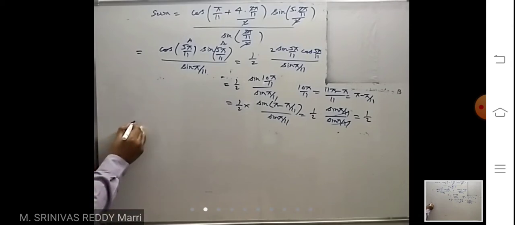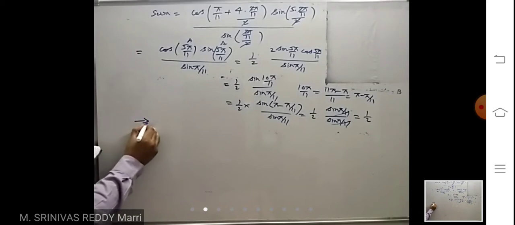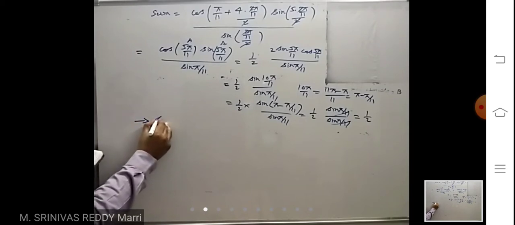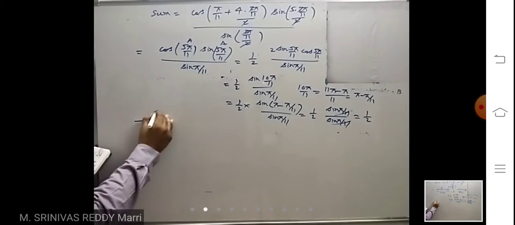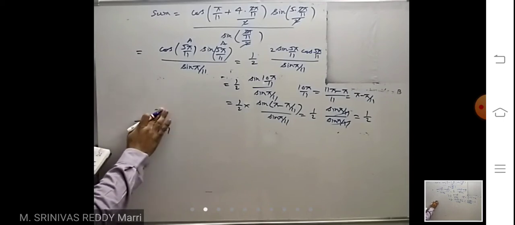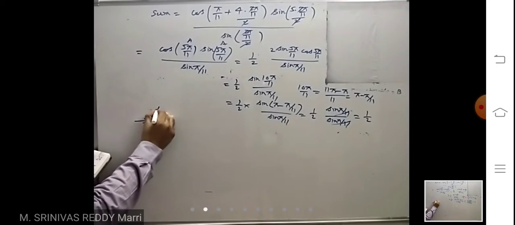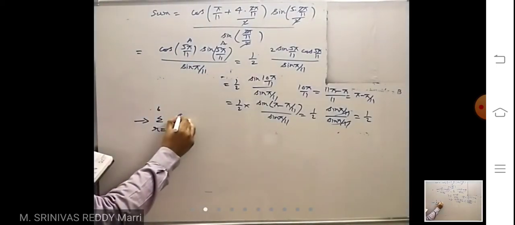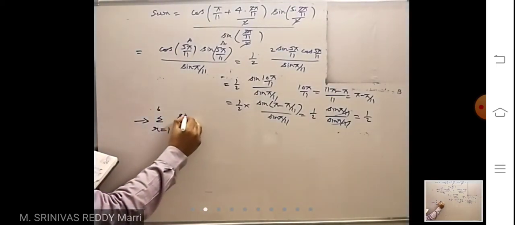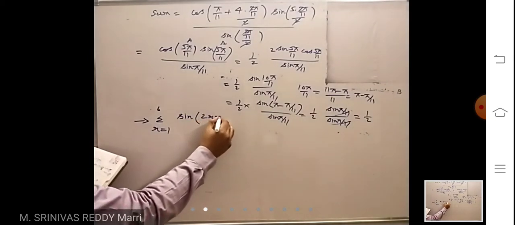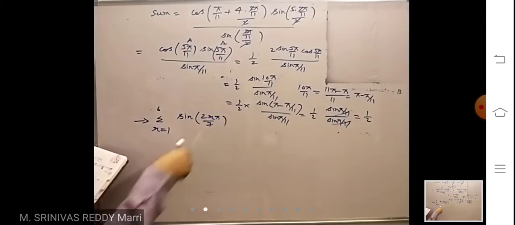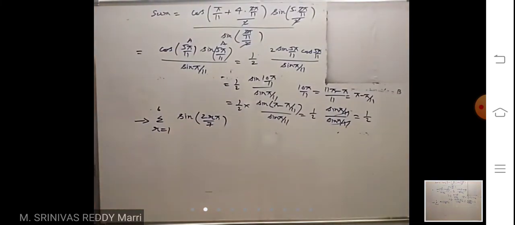Now look at what he is asking. Sigma r equal to 1 to 6 sine 2r pi by 7.